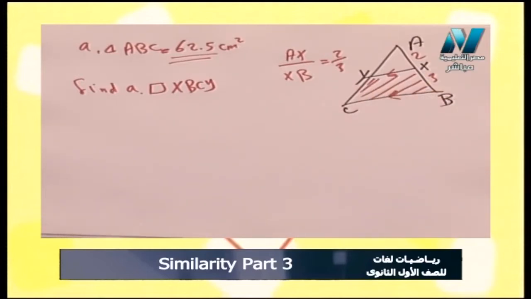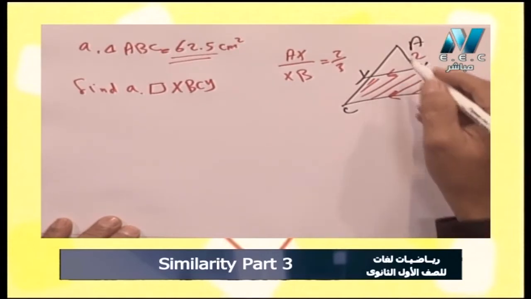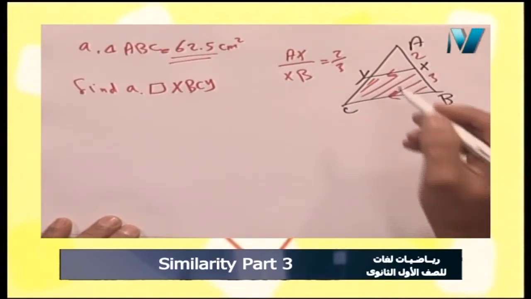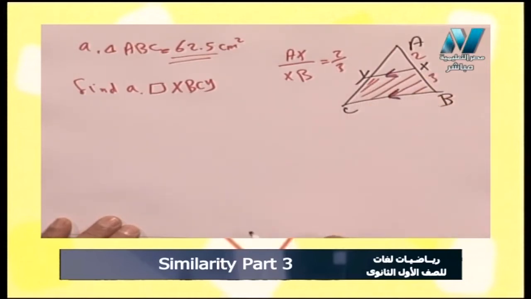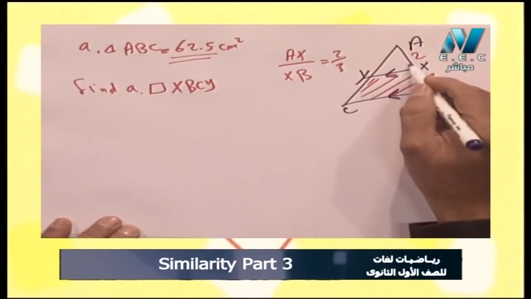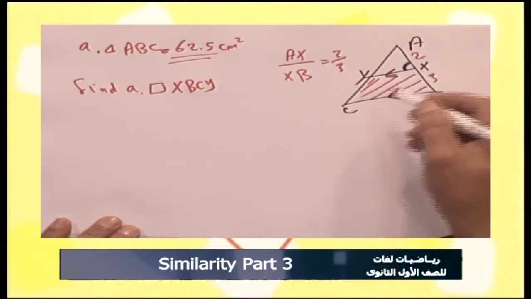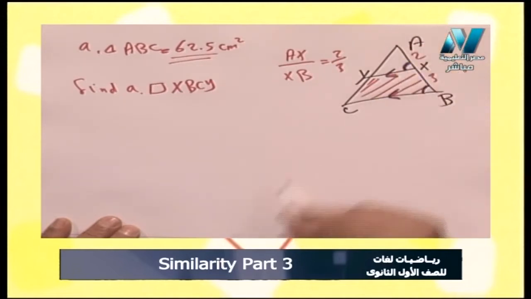So we know that triangle AXY and triangle ABC are similar. Why are they similar? Because we have here XY parallel to BC. So we will deduce that this angle, which is AXY, equals the measure of this angle, which is ABC.